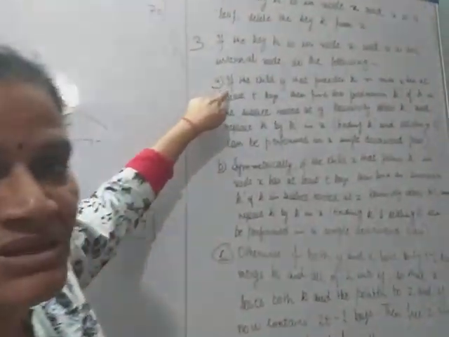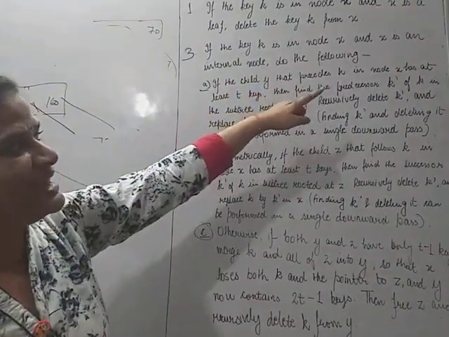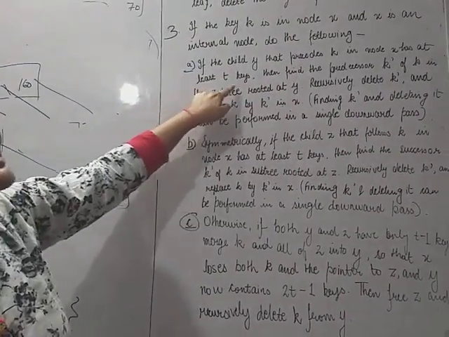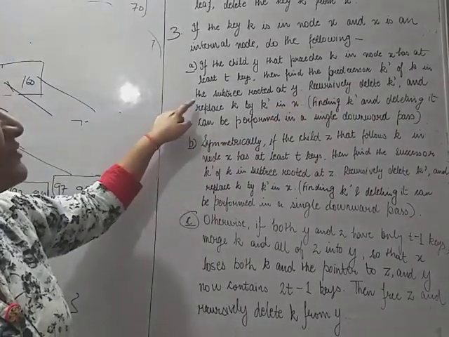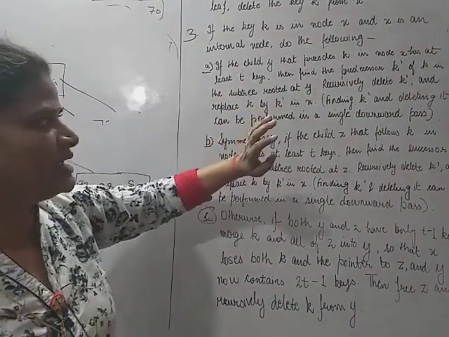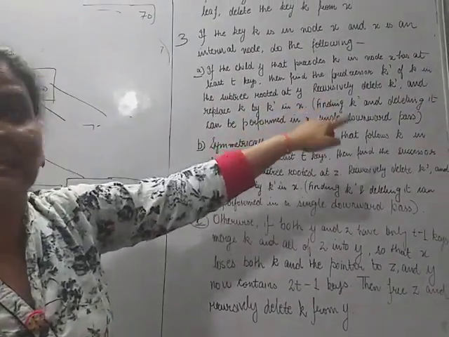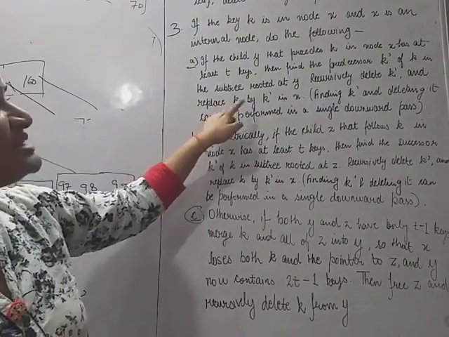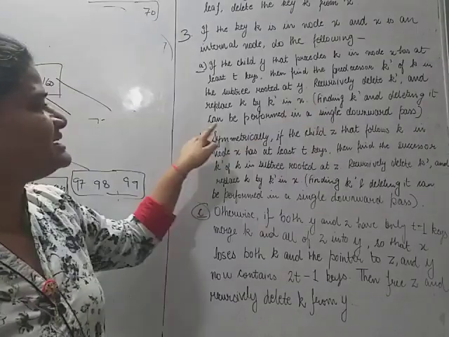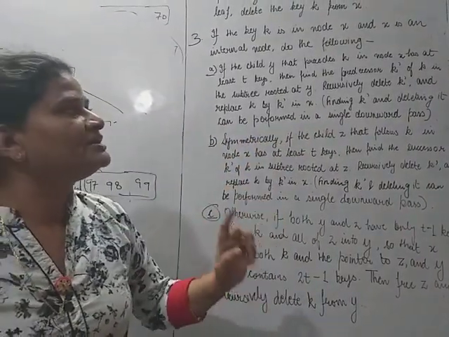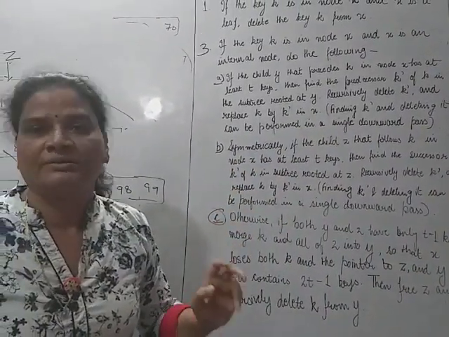If the child y that precedes k in node x has at least t keys, then find the predecessor k dash of k in the subtree rooted at y, recursively delete k dash and replace k by k dash in x. Finding k dash and deleting it can be performed in a single downward pass.